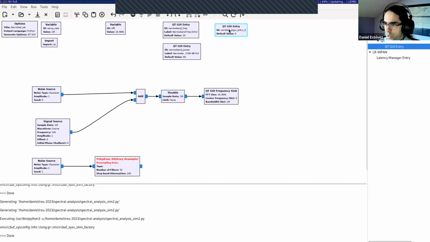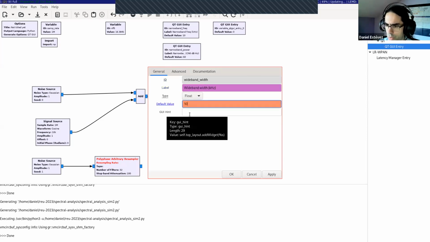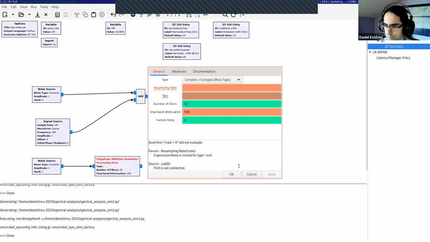And I'm going to add an entry here for the wideband width, also in kilohertz. And maybe let's try to go with 10 kilohertz, for example.